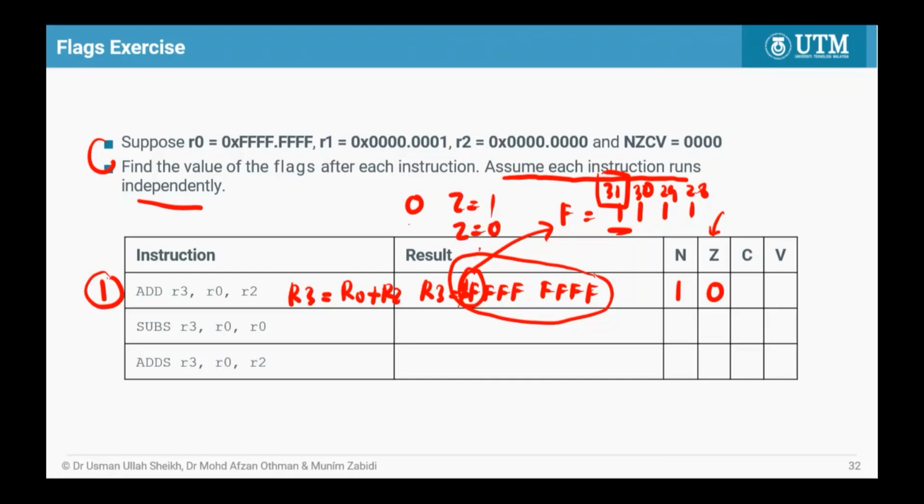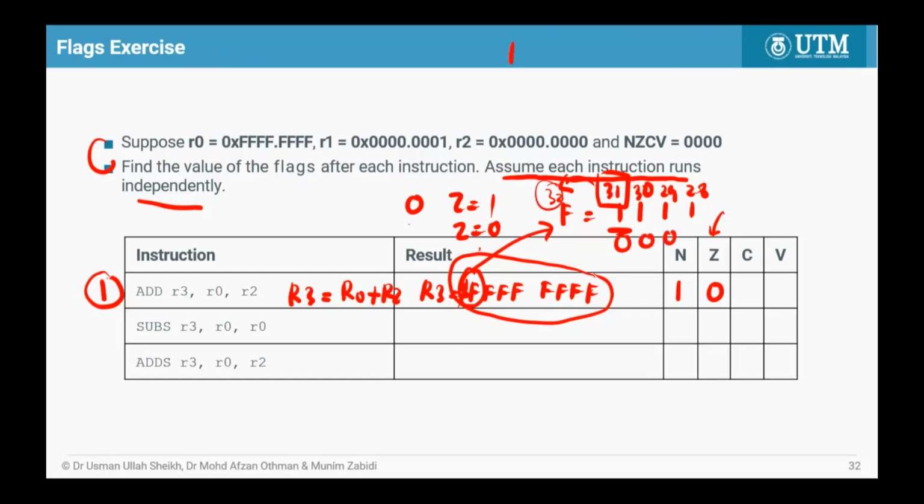What about the carry flag? How to determine the carry flag? You need to look at bit 31. Is there any carry from bit 31 to the outside, bit 32? Is there any carry? No, because you add 0.